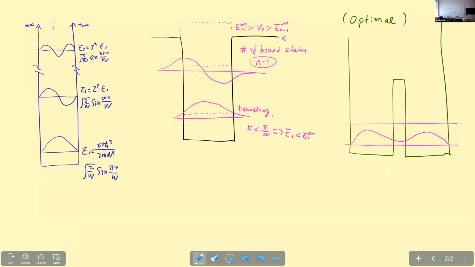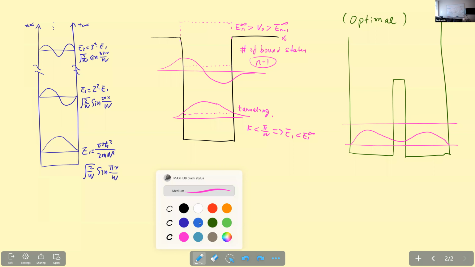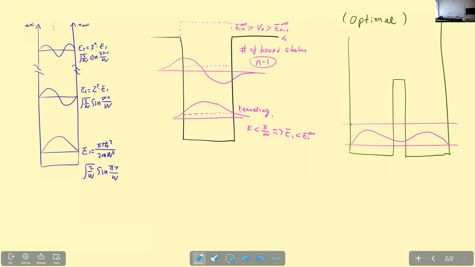Let me use a different color so that you can distinguish them. So this one is the bond energy. You have symmetric states that have the wave function shared by the two quantum wells.